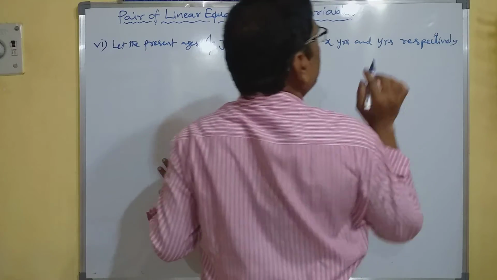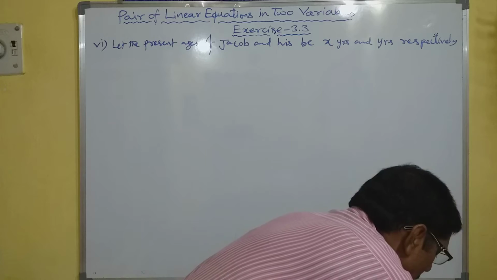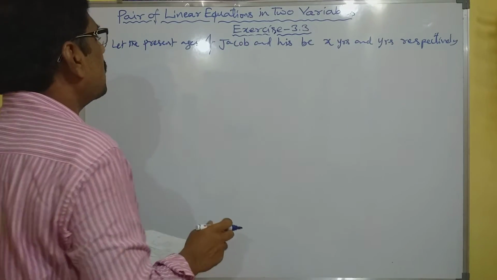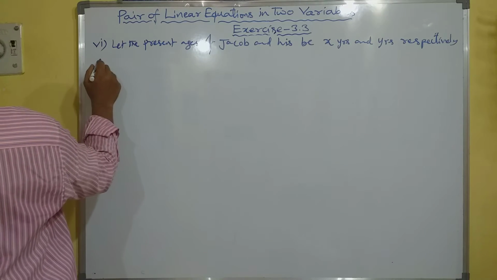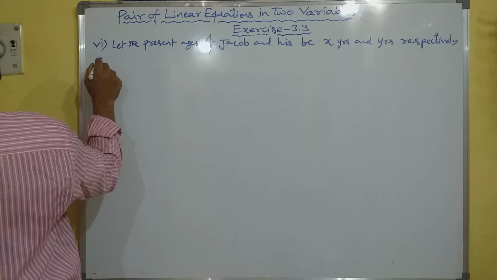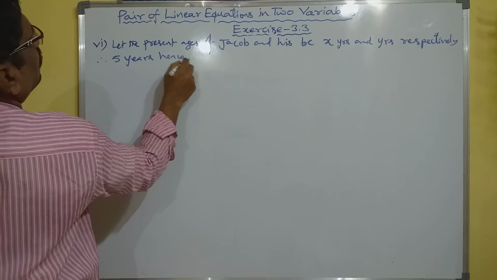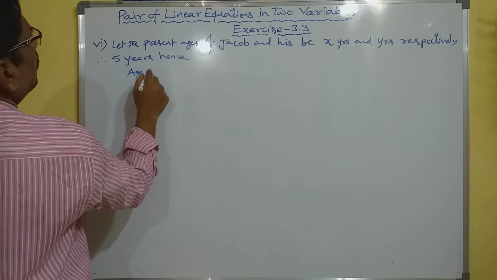Now he has given two conditions. The conditions are: 5 years hence, the age of Jacob will be 3 times the age of his son. So after 5 years, therefore, 5 years hence, what are the ages of Jacob and son?